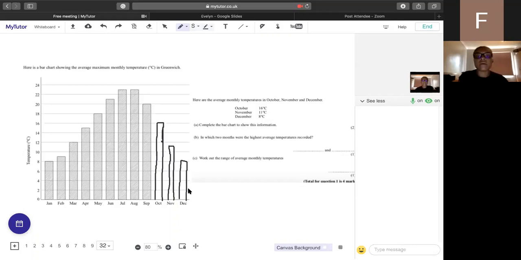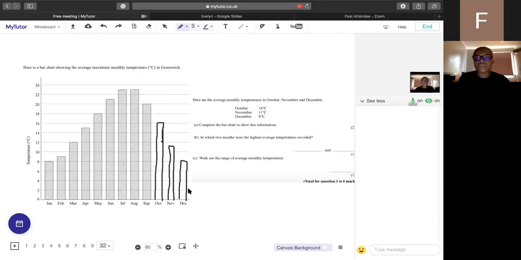Now in your exam, some people shade it, some people don't shade it. It doesn't actually give you a mark as long as you've got equal spacing, equal size widths of your bars, and they also go up to the right data point as well. You'll get the mark. The shading doesn't really make a difference.